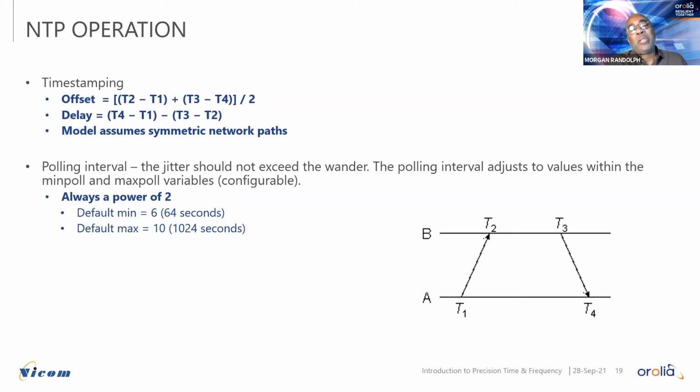So the polling interval, and we'll show you in that slide where you can set up your min and max poll. With the polling interval, the jitter should not exceed the wander. As we look at the rest of this, you'll see what that means in terms of how the algorithm within NTP works. The polling interval adjusts to values within the min and max poll variables, and they're configurable.